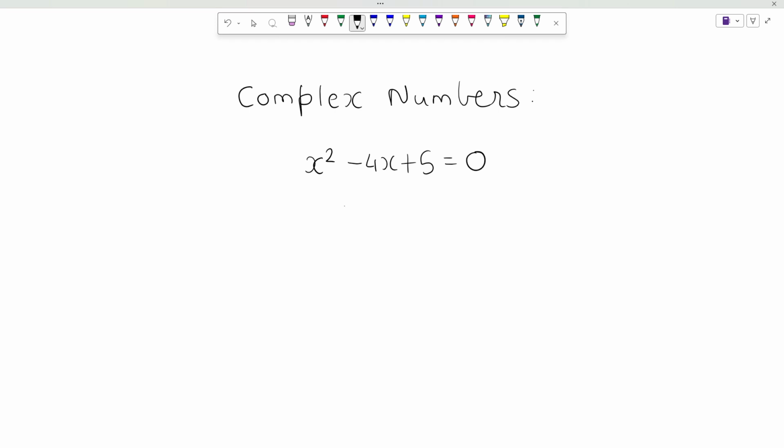So from where do the complex numbers come? If we want to find the roots of this quadratic equation or else this.